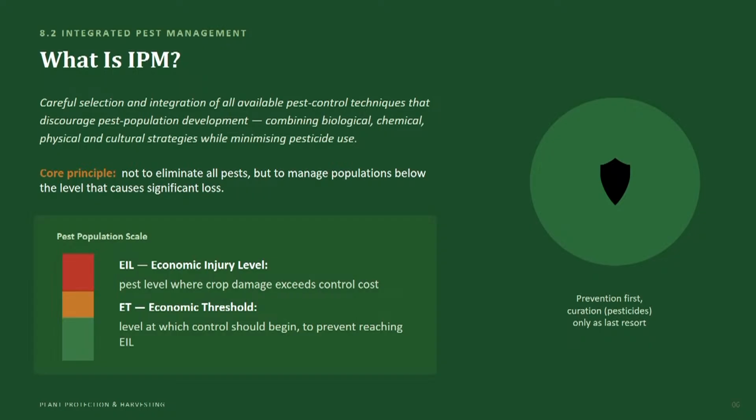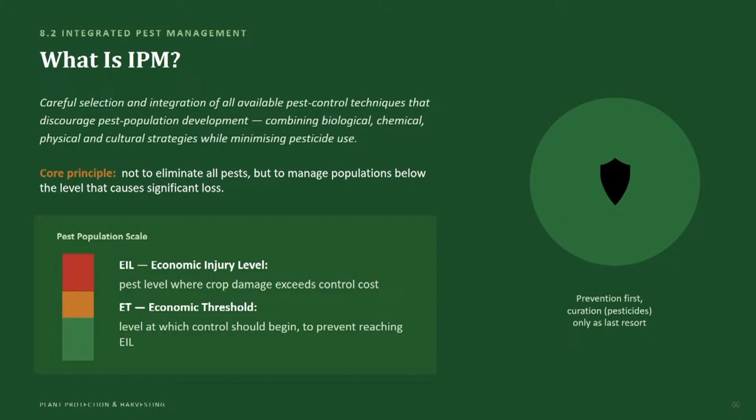So, let us now understand the principles of pest control measures. Our first principle is that our target should not be to eliminate all the pests or insects, but to manage their population below the level at which it can cause significant loss to our crop. Here two concepts come.